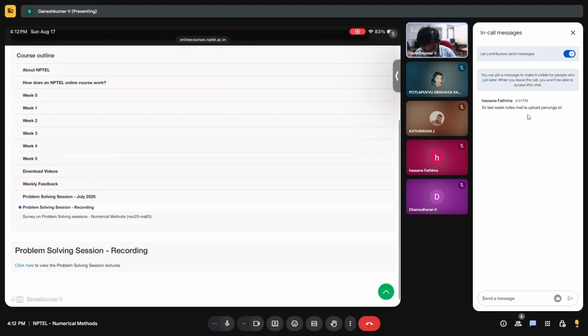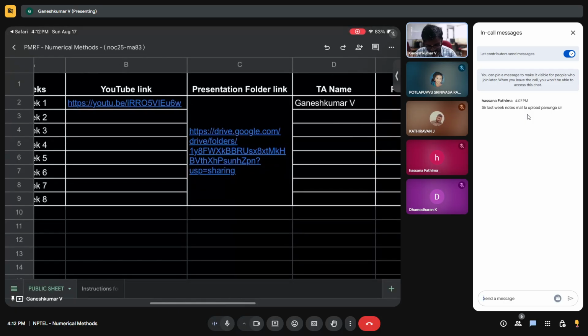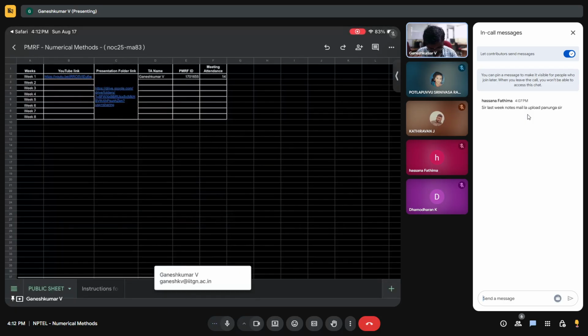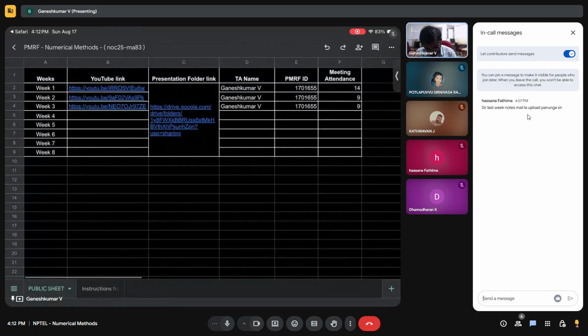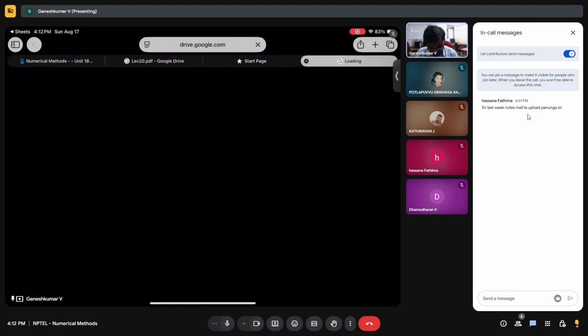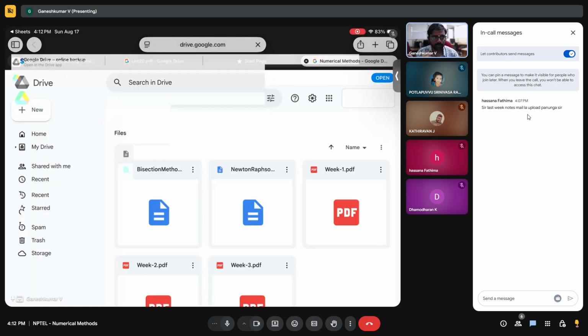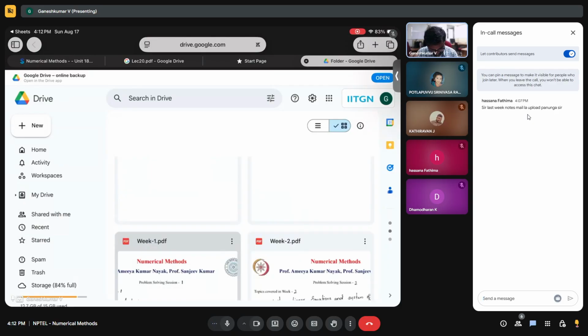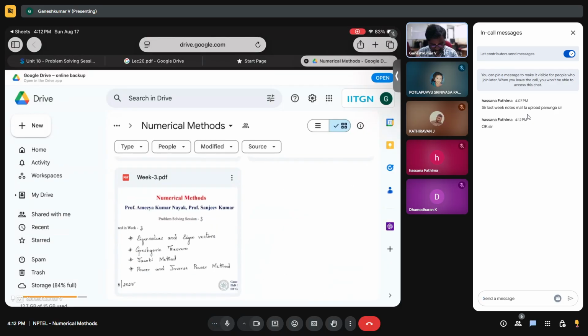You will have a click here option, which will take you to the Google Sheet like this. Here you can find the presentation folder, the drive folder link. You can open this drive and check there. I upload all the lectures, all the weeks' presentations. There you can go and access them.